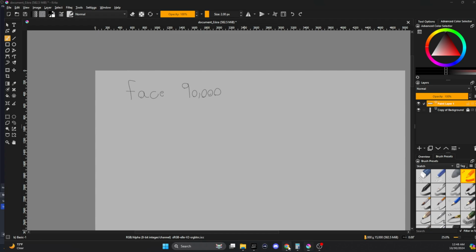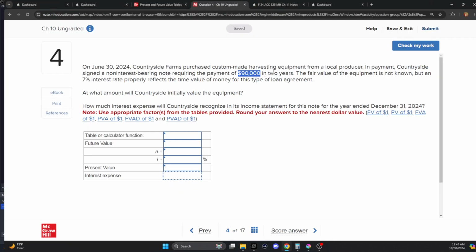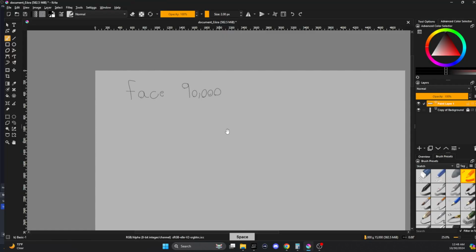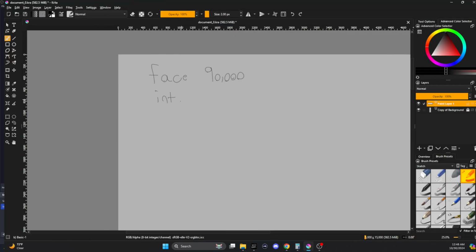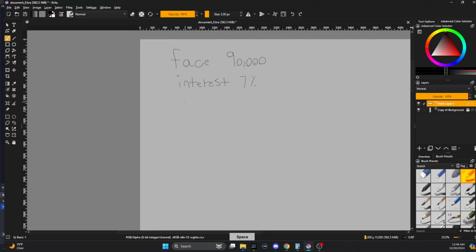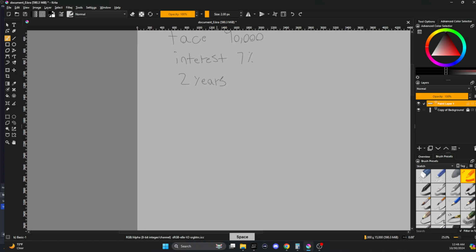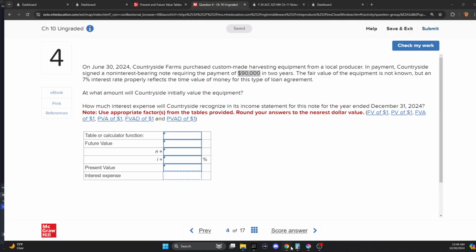And let's see, we had an interest rate of 7% and we had a time frame of 2 years. And our beginning date is going to be June 30th, 2024.